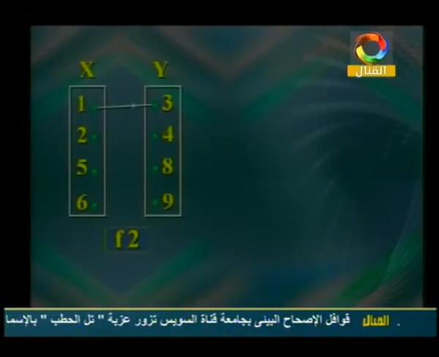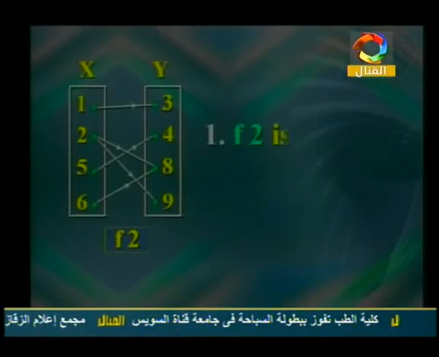Function 2. Elements of x: 1, 2, 5, 6. Elements of y: 3, 4, 8, 9. Function 2: 1 to 3, 2 to 9, 2 to 8, 5 to 4, 6 to 8.